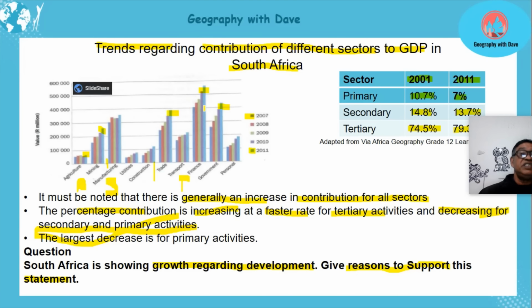It's increasing continuously from all sectors, and the tertiary sector is increasing much faster than the other sectors. Just based on this, there will be various other answers that you could look at here. And of course, you have to base it on the resource that's given to you in your assessment. If they ask for general answers, you can go generally. So some interesting trends in terms of South Africa.